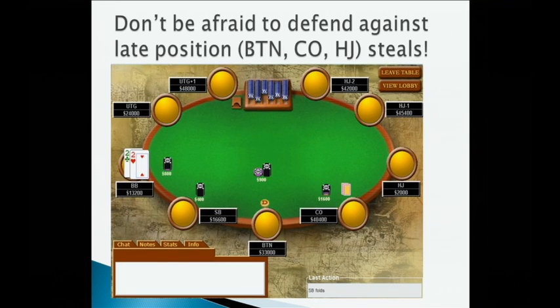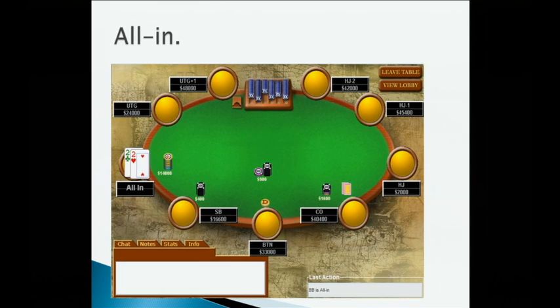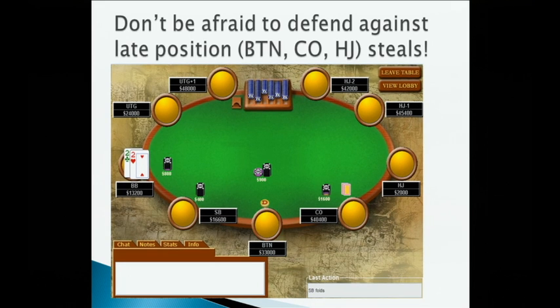Here's an example where someone in late position raises and you have a pocket pair. You can go all in, and this is pretty good because you do pretty well against their range that calls you. So this is a pretty good play often. I'll talk more about this in future classes, but if you're defending your blinds, often with small pairs, re-raising all in, even if it's for a lot of bets, is a reasonable play.